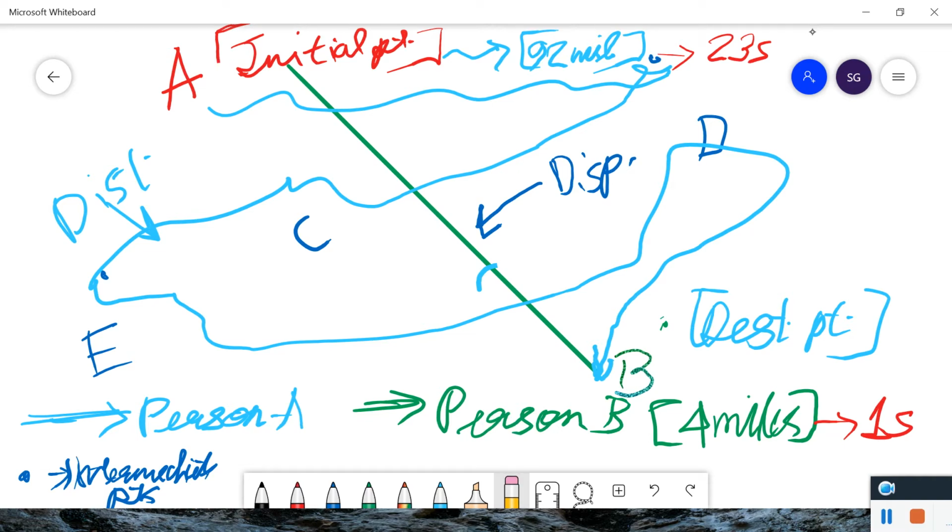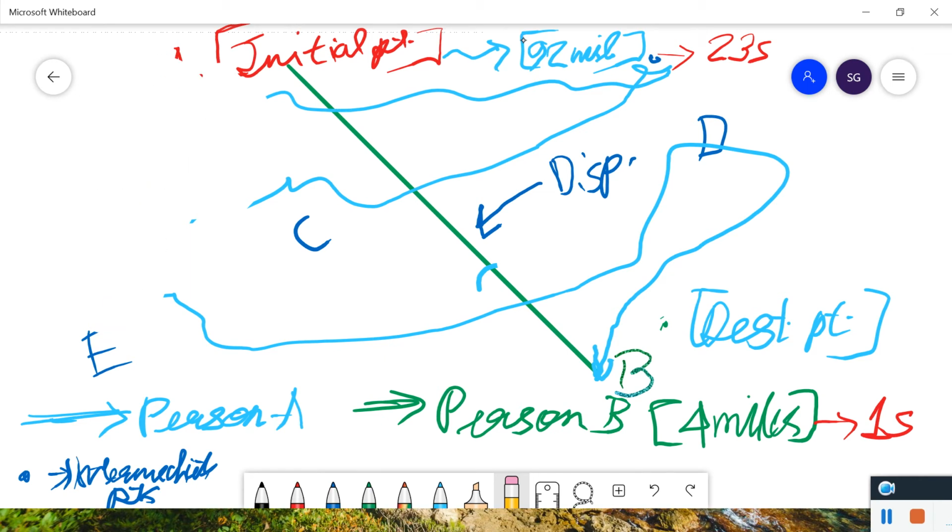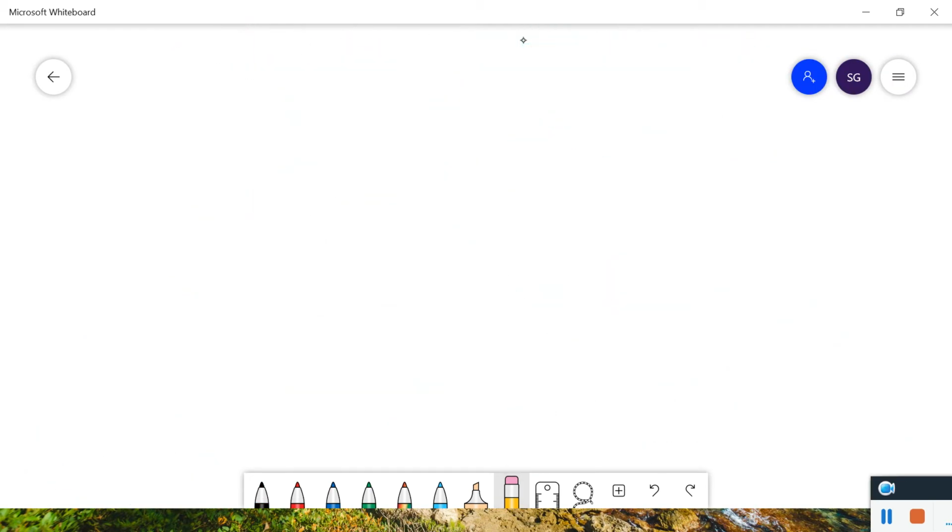Now I will focus on the quantitative part. In short, I will write what is given. Person A has covered 92 meters, and person B has covered 4 meters.